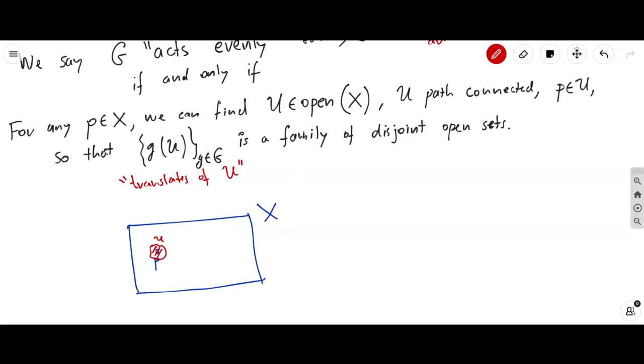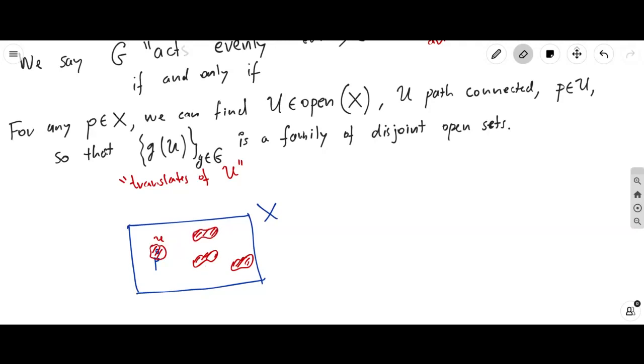So maybe one of the elements moves it here, another one moves it here, another one moves it here, like this. They necessarily have to be path connected because g is an automorphism. So if something is path connected, it will get moved to something that is path connected. That's why we call them translates, because the idea is you're sort of moving them around, but not necessarily by a translation. That's just a way you want to think about it. That's not necessarily the way it looks. So you're saying you get these non-overlapping pieces.